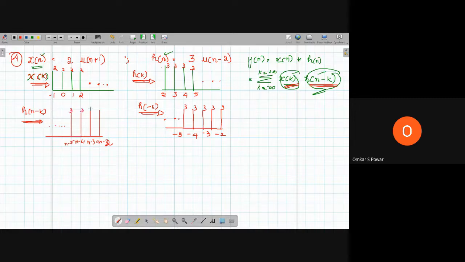So this will be 3. This is the initial step which you have to follow for this kind of problems.